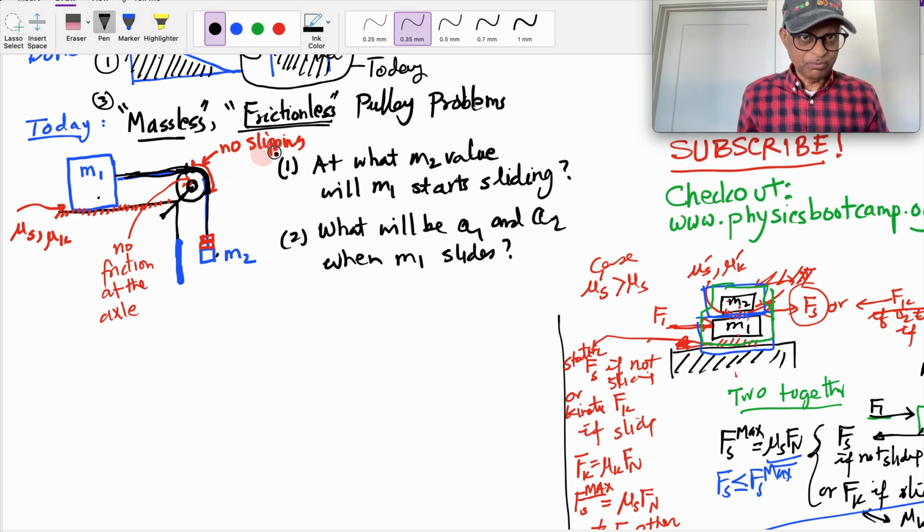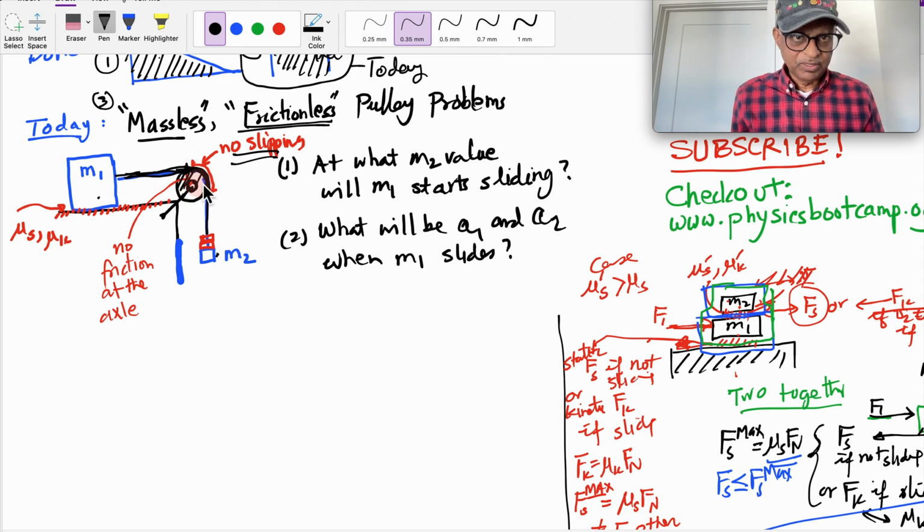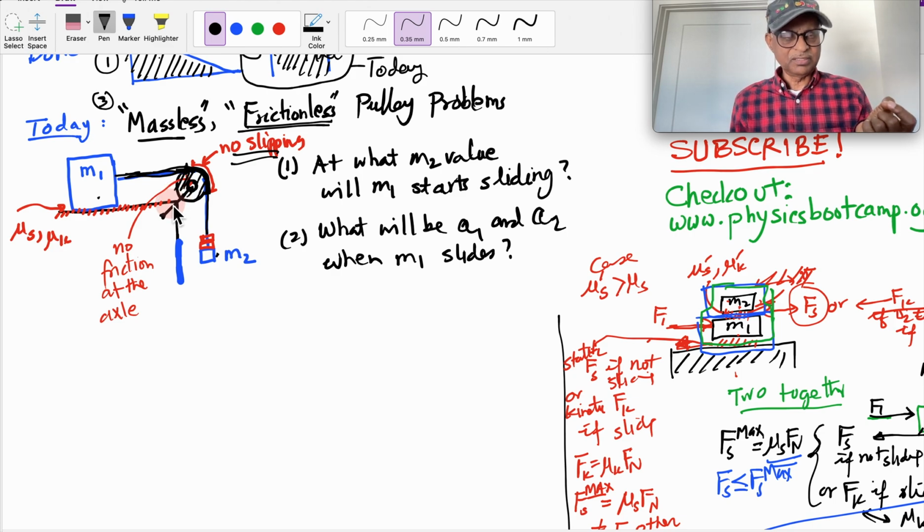So it's no slipping, not just no friction at the axle. We will have friction and mass much later when we talk about rotation, because the pulley will be rotating, and I don't want to be bothered with rotation at this stage of the learning. So we just say massless, frictionless.